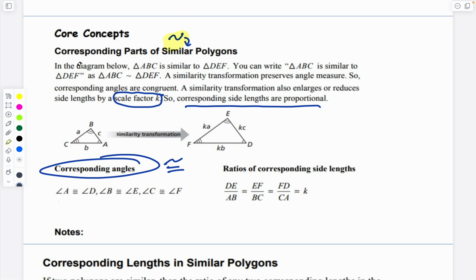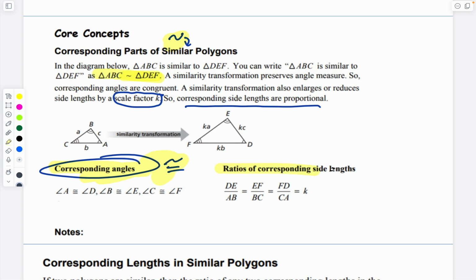Okay. This says in the diagram below, triangle ABC is similar to triangle DEF, meaning yada, yada, yada. Here is the similarity statement. That's how we would write that. A similarity transform preserves angle measure. So what it's saying is the corresponding angles are congruent.